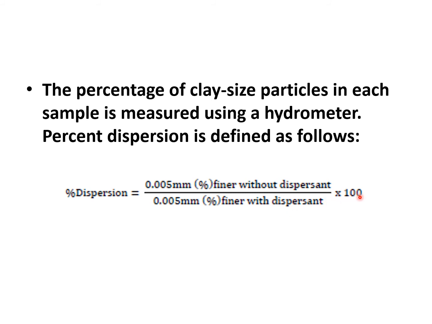So as per ASTM, the fraction that is having the particle size less than 0.005 millimeter is considered as clay. So take the 0.005 millimeter percent finer without dispersion agent, divide by the 0.005 millimeter percent finer with dispersion agent, and multiply this ratio by 100. So in this way you will be getting the percent dispersion.